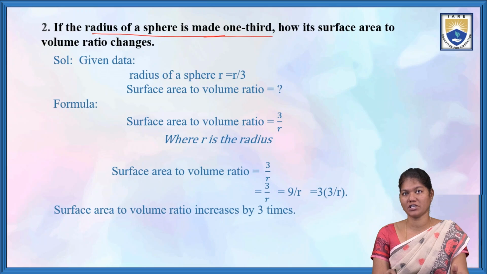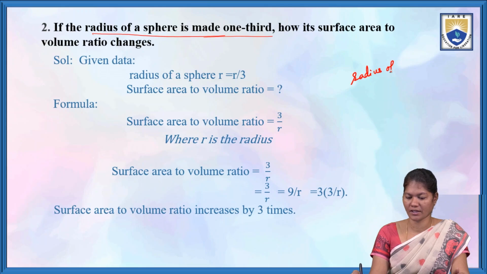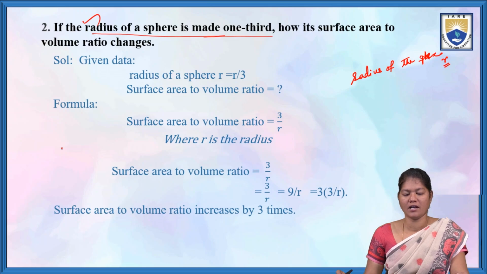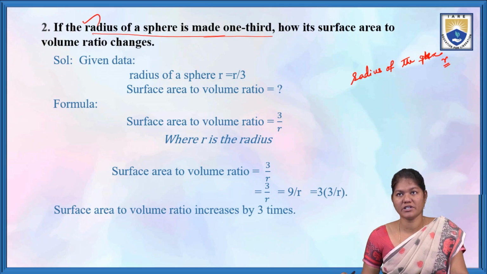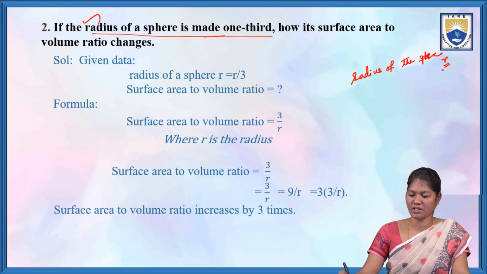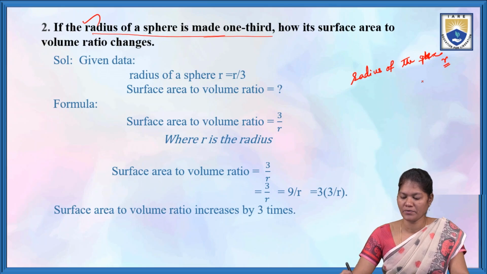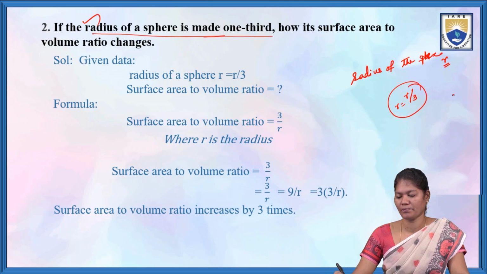So suppose we take the radius of the sphere as r; here the radius of the sphere is made 1/3, so r becomes r by 3.